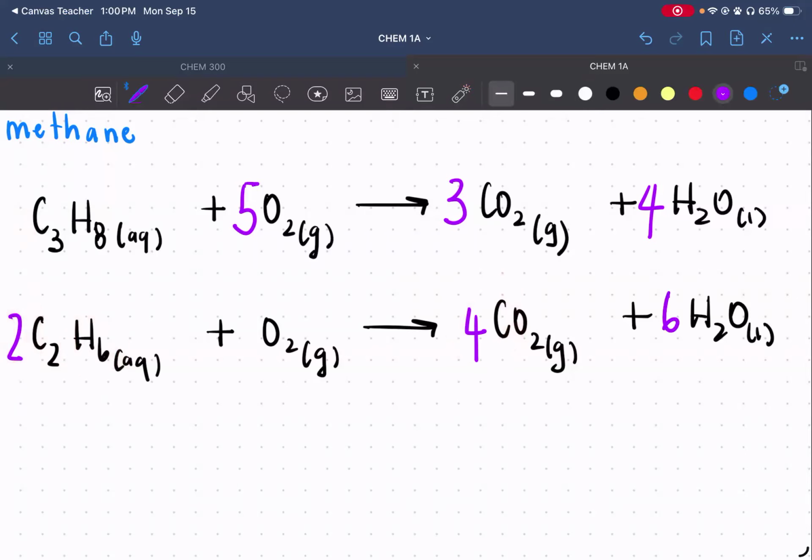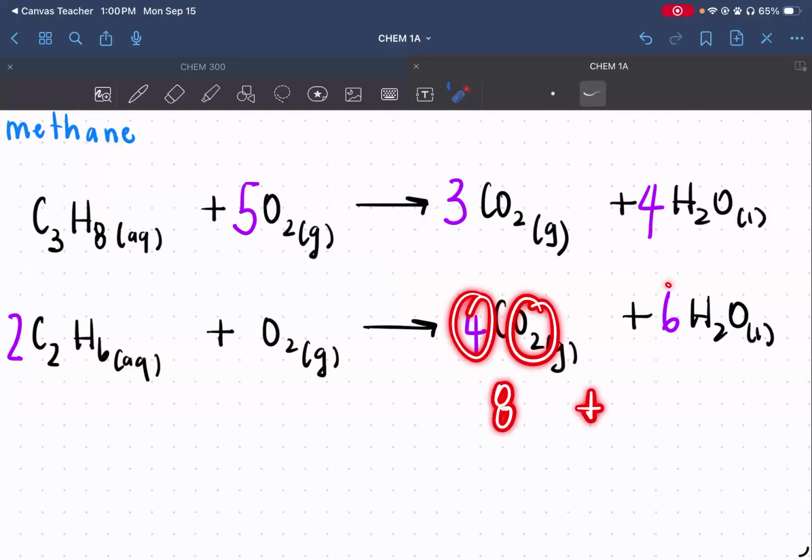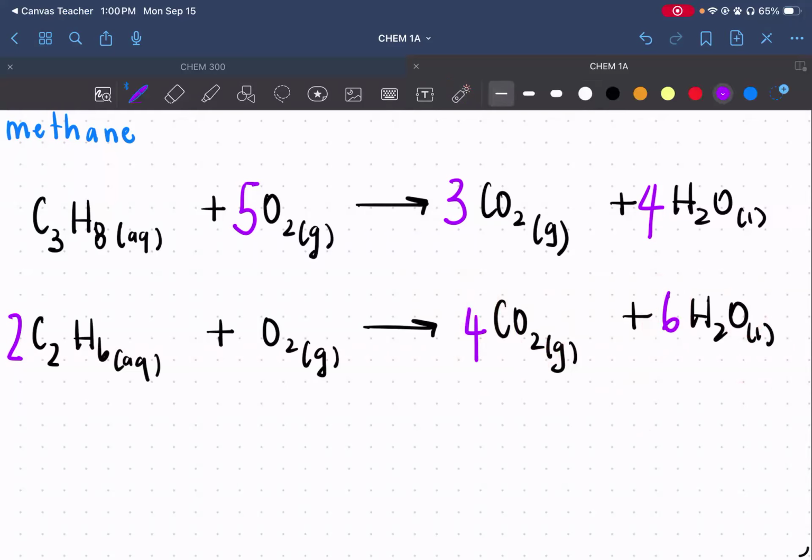Let's put a 6 in front of the H2O. In so doing, now we have 8 plus 6 oxygens for a total of 14 on the right. That's a lot easier to deal with. So we're just going to put a 7 in front of the O2.